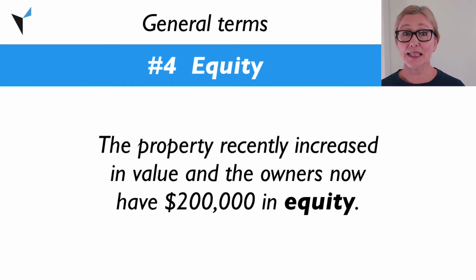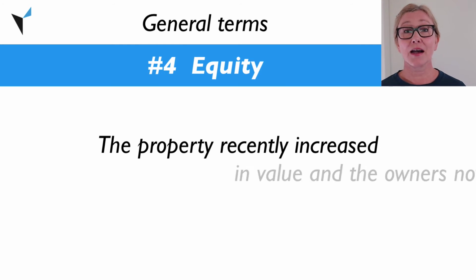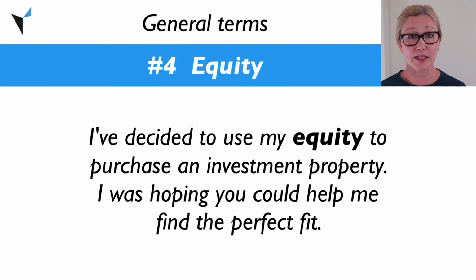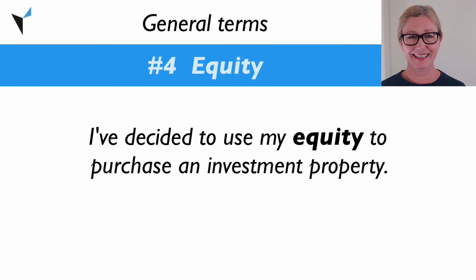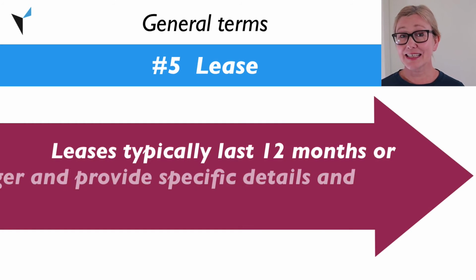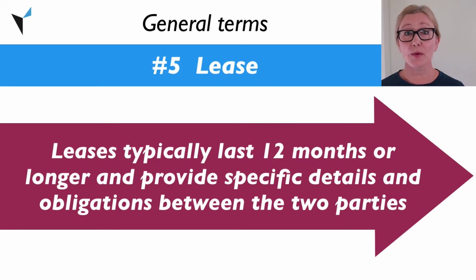The property recently increased in value and the owners now have $200,000 in equity. I've decided to use my equity to purchase an investment property and was hoping you could help me find the perfect fit.